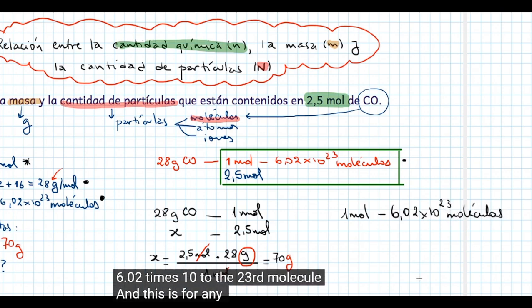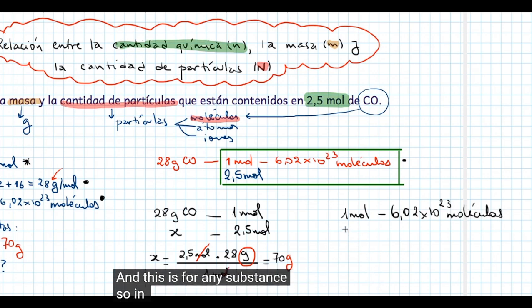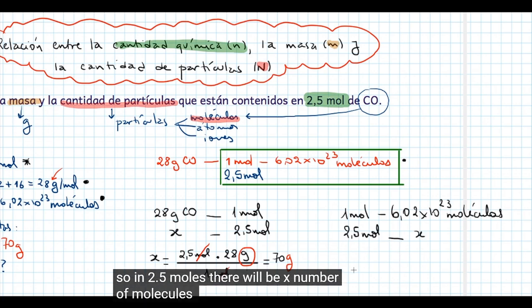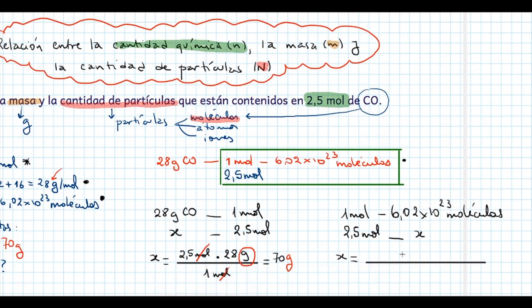And this is for any substance, so in 2.5 moles there will be X number of molecules. X will be equal to 2.5 moles times 6.02 times 10 to the 23rd molecules divided by 1 mole.